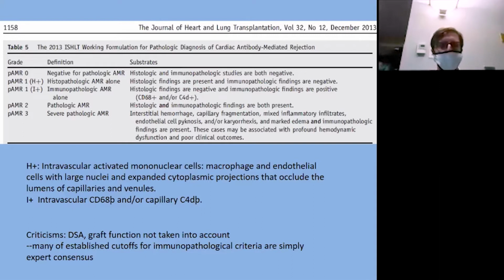Issues with this are that it's strictly a pathological diagnosis. It doesn't take into account the presence of donor-specific antibodies. It doesn't take into account graft function, and even the cutoff for C4d, which we commonly use, 50% or more staining in the biopsy, has just been defined by expert consensus and is not an established criterion by evidence.